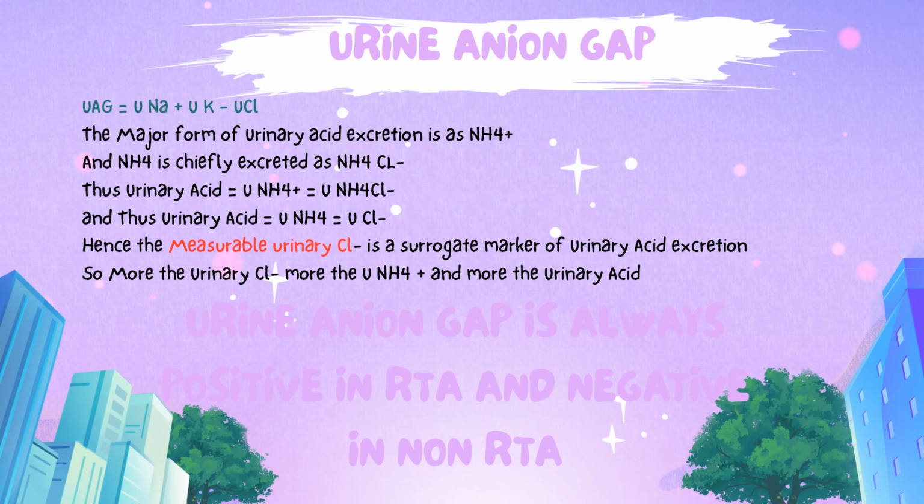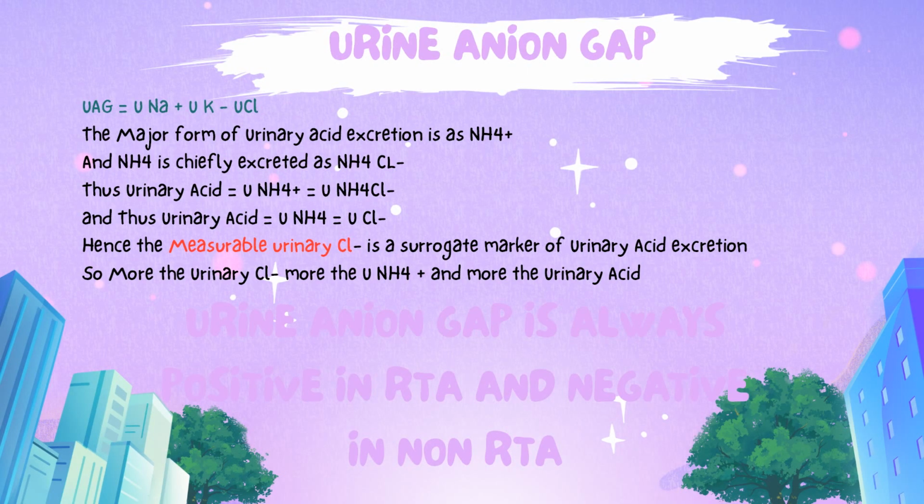Thus, urinary acid excretion is urinary ammonium excretion, which is urinary ammonium chloride excretion. Does that make sense? And thus, urinary acid equals urinary ammonium, which equals urinary chloride.